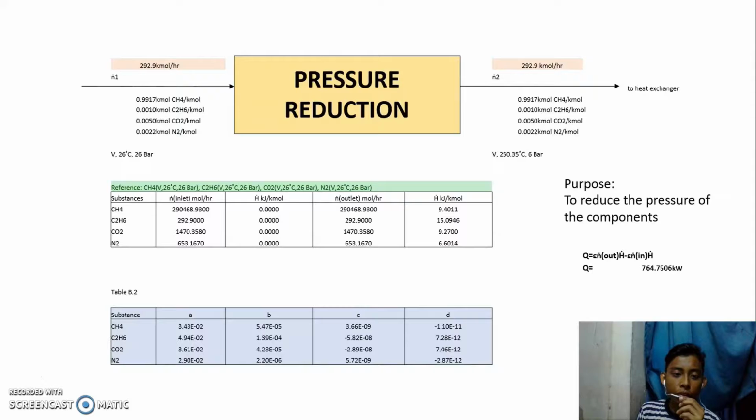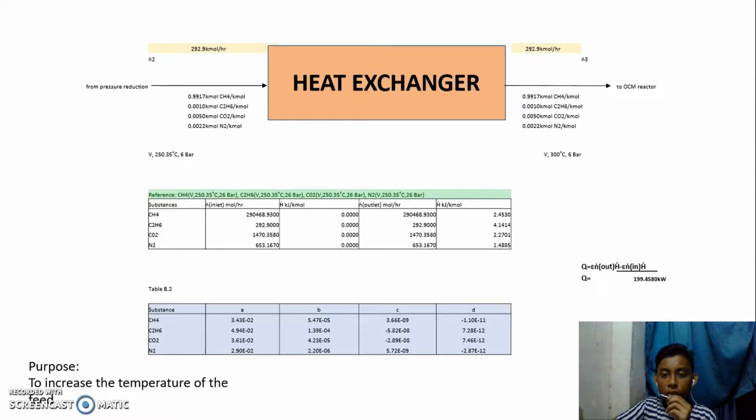I choose the reference, and I take the inlet as the reference. Then I take the values from Table B2, the A, B, C, D for every substance, and then use the formula Q equals mole flow rate times heat, outlet minus inlet. The Q that we get is 764.7506 kilowatt.